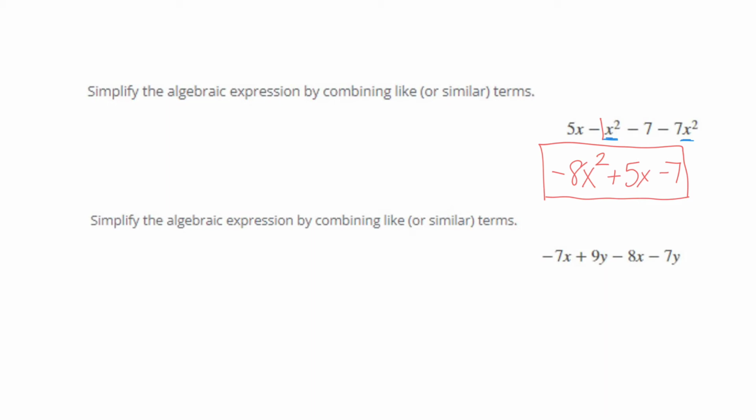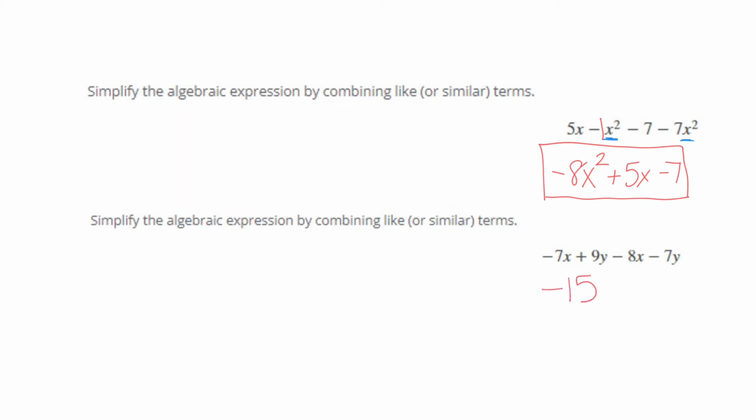All right, looking for like terms. Again, here's a term, here's a term, here's a term, and here's a term, all separated by pluses and minuses. So I can see that I have an x here and an x here. So I'm going to combine their coefficients. So that's a negative 7 that I'm combining with a negative 8. They're both negative, so everything's negative.